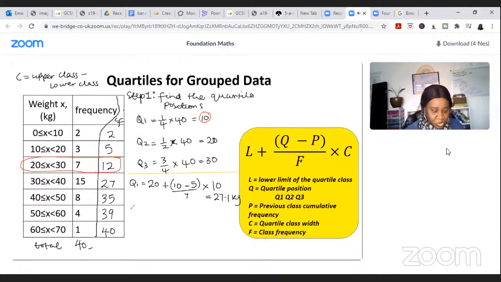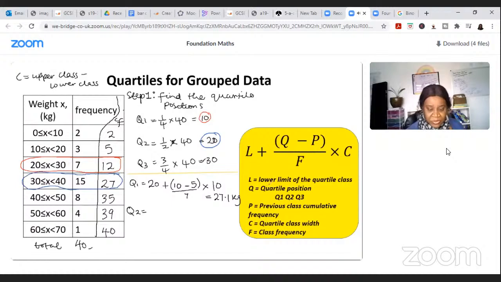And the second one, Q2, we have to first of all find where 20 will be. So let me change my pen color to green. We've got Q2 position is 20 here. So in the cumulative frequencies, 20 is going to fall inside this class. So this is the class that we're going to use for Q2.